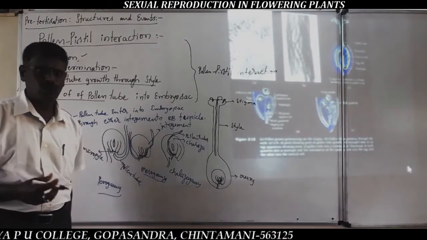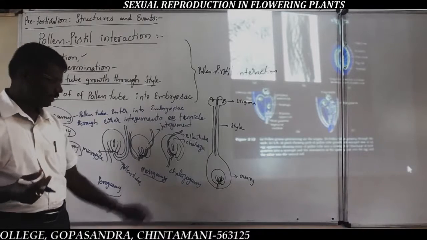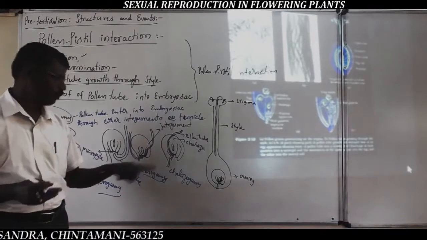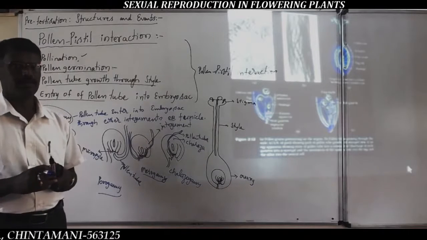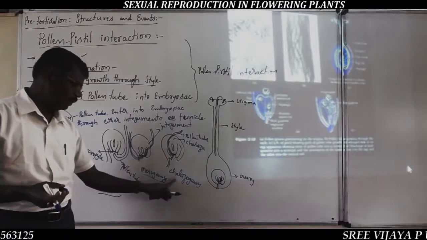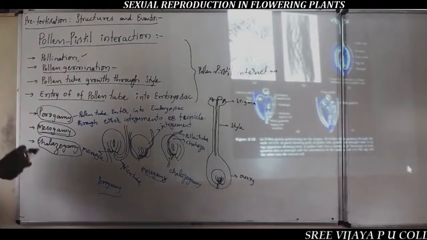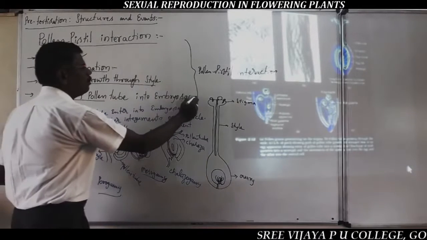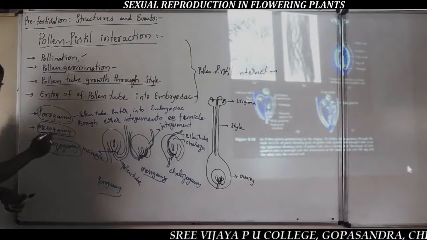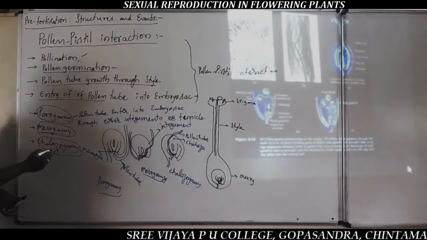Gamy is nothing but the fusion of male gametes with the contents of the embryo sac. So the entry of the pollen tube into the embryo sac happens in three ways: porogamy, mesogamy and chalazogamy.